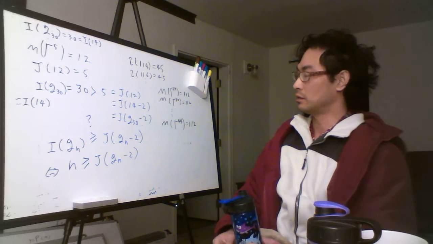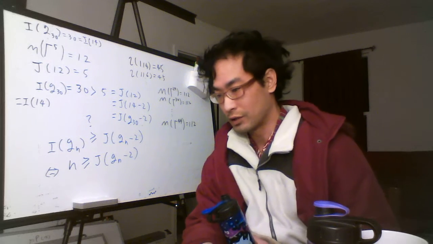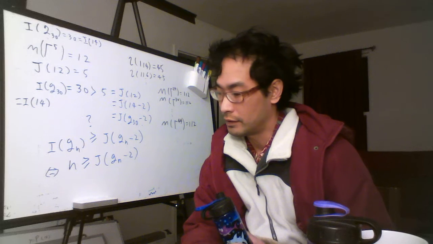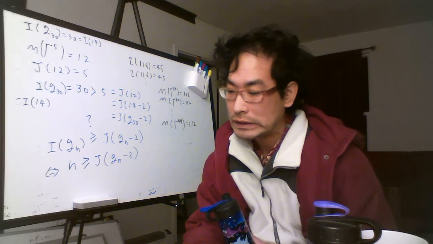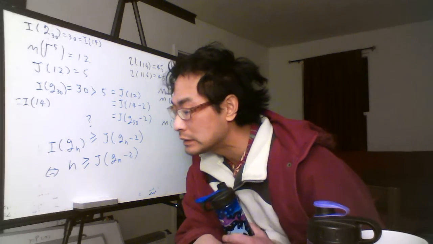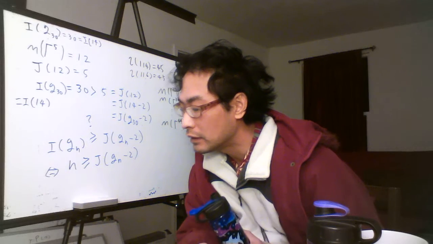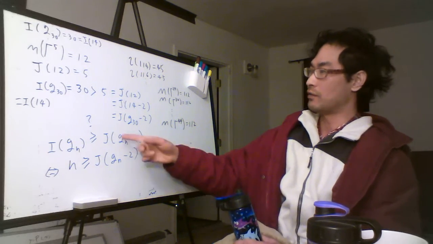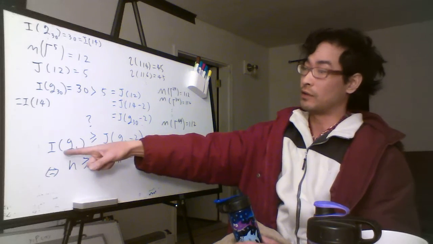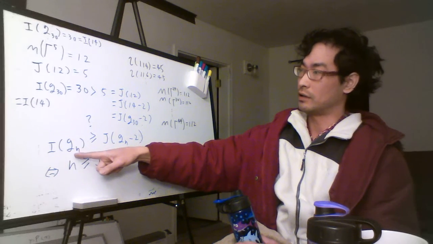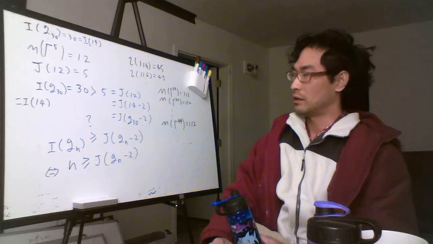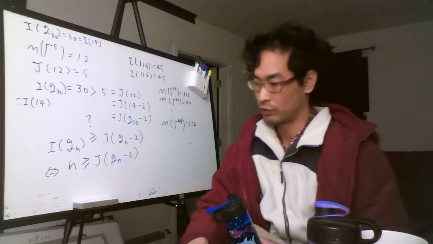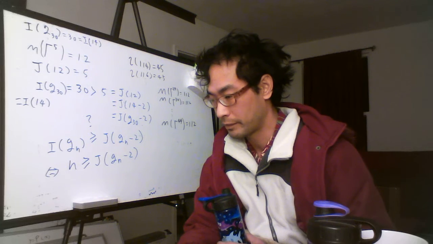So I think that's all we need. If you have the j function, the index function, and the gap function, the nth prime gap, that's all we need. We got tools now.